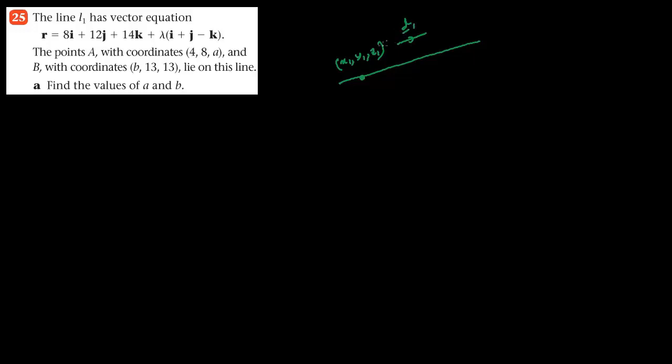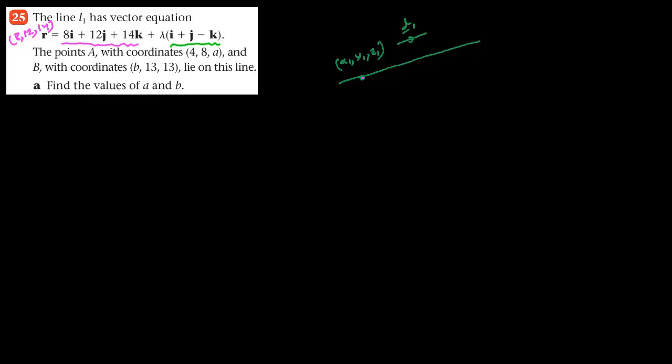Now when they say the line L1 has vector equation this and that, it simply means that this point over here, (8, 12, 14), is this starting point (x1, y1, z1), and this value over here is the direction vector d1.